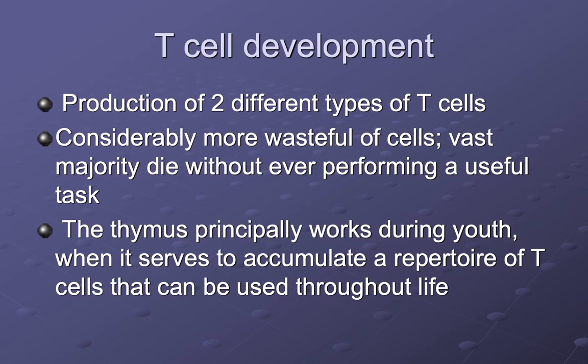The vast majority of the cells produced in the development processes from stage 1 to stage 4 die without really being useful. And as we age, the thymus principally will undergo atrophy in our later stages. Of course, that will affect our immune level.